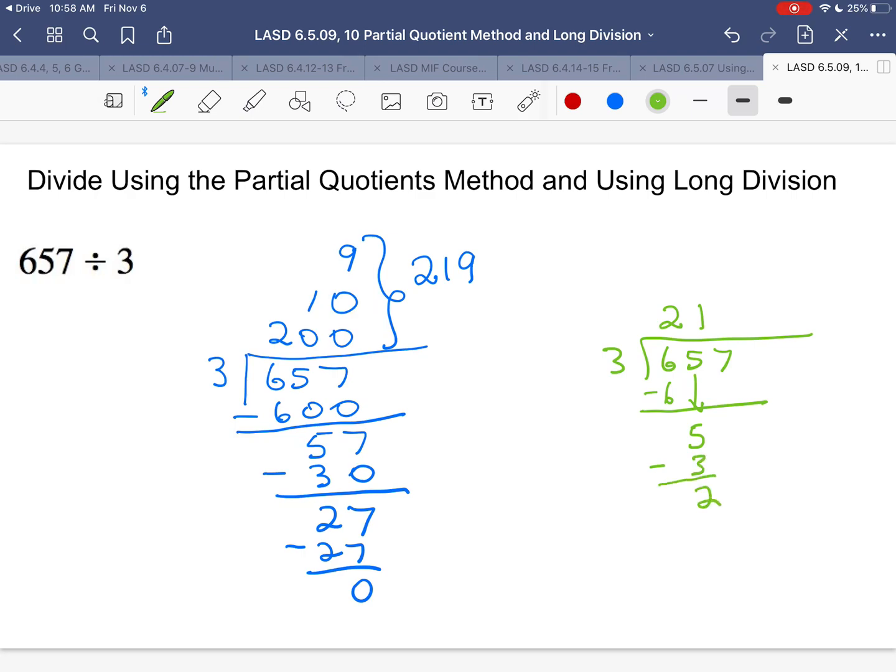I get 2. Bring down the 7. And 3 times 9 is 27. So I get the same answer both ways. So here we have long division, and here we have partial quotients.